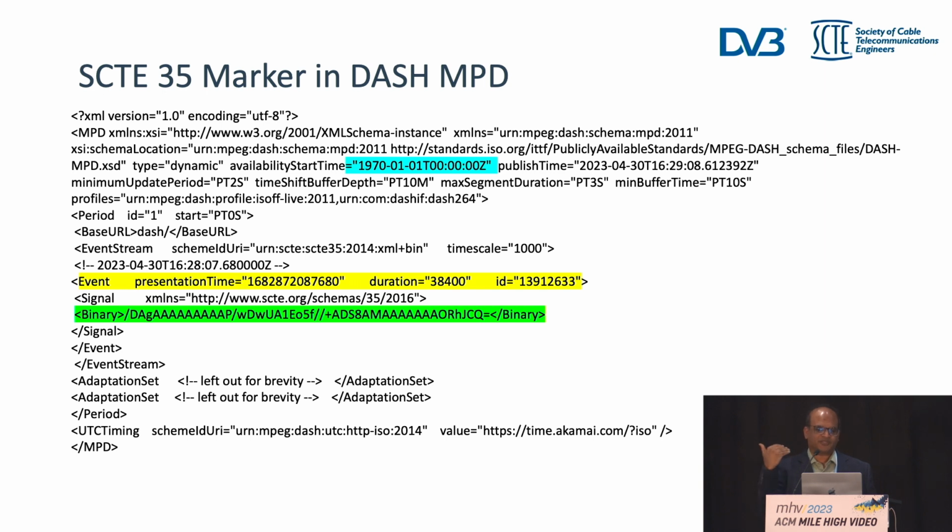What we do is, with the SCTE 35 marker, you flip it up into an event in the event stream. What we're showing over here is basically the payload that we had before, and then we're flipping it into an event with a presentation time. And this blue thing over here is showing the time reflected to an epoch, which Rafael will talk about a little bit more.